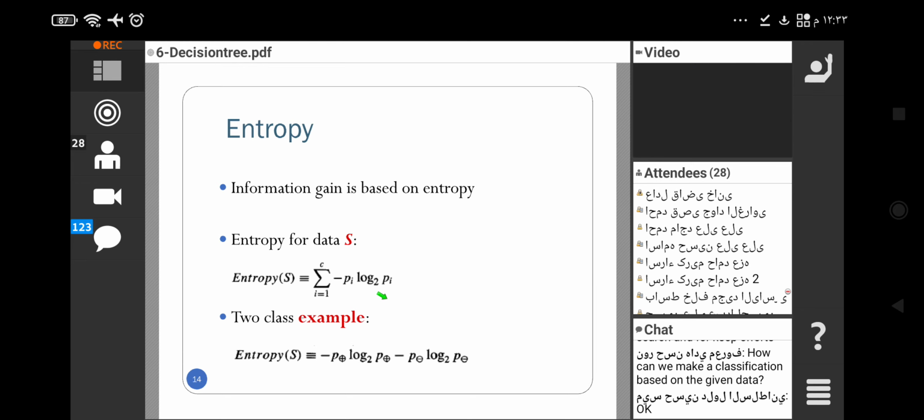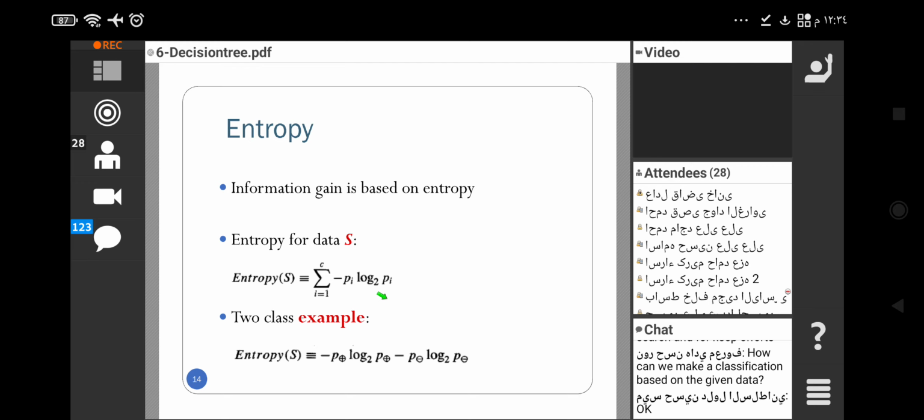For example, if we have two classes in our data, the entropy would be like this: minus p positive, the probability of the positive class, times log of the probability of positive, minus the probability of the negative class times log of the probability of the negative class.